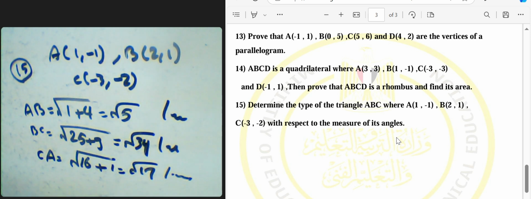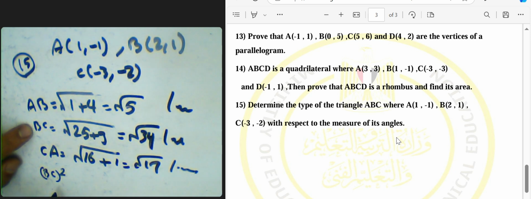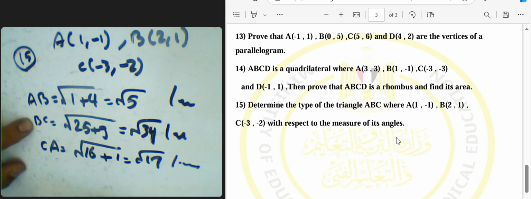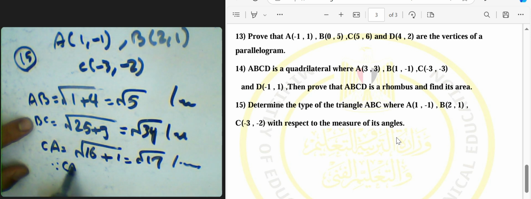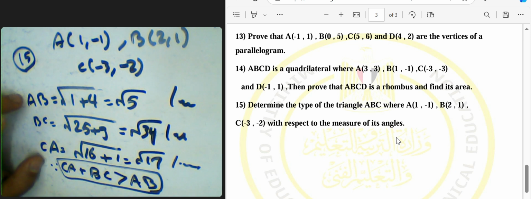So first, you must check the rule that the sum of two sides is greater than the third.